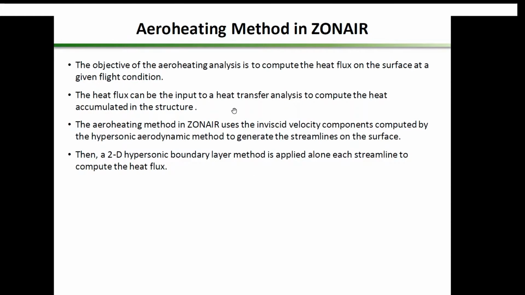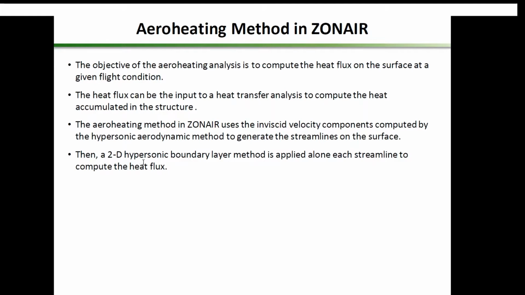So the objective of the aeroheating analysis is to compute the heat flux on the surface at a given flight condition. The heat flux can be the input to a heat transfer analysis to compute the heat accumulated in the structure. The aeroheating method in ZONAIR uses the inviscid velocity components computed by the hypersonic aerodynamic method to generate the streamlines on the surface.